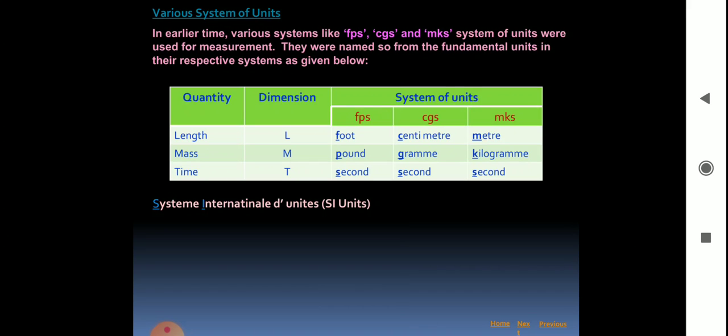We have the columns here: quantity, dimension and system of units. There are three systems of units: CGS, FPS and MKS. Now the quantities: length, mass, time. The dimension I will explain later in the next class.